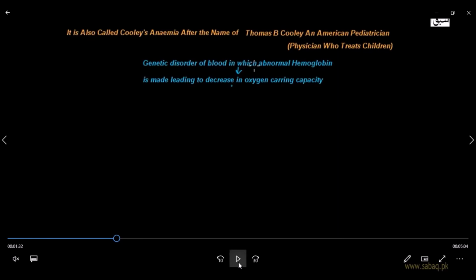Abnormal hemoglobin will be there, and it can lead to decrease in oxygen carrying capacity or completely block the oxygen carrying capacity because of the change in shape. So it might not attach to the oxygen like a normal hemoglobin or red blood cell. Hence this is a genetic disorder of blood in which abnormal hemoglobin is made, leading to decrease in oxygen carrying capacity of the red blood cells.